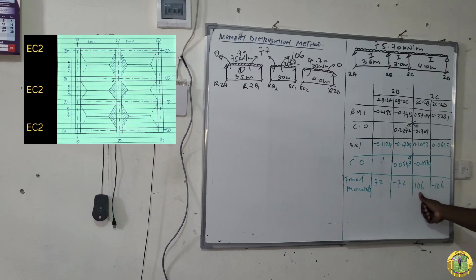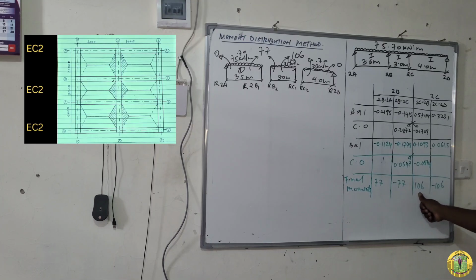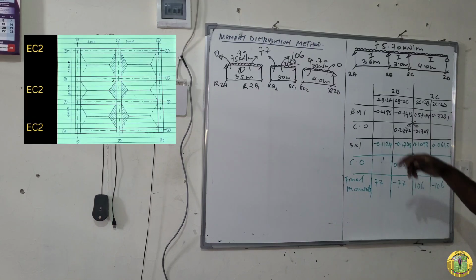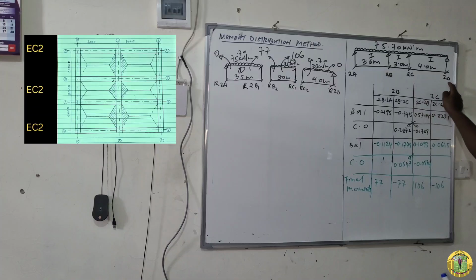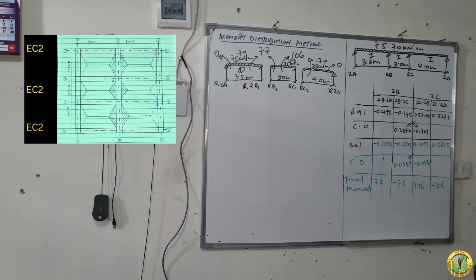Again, for joint 2C, we will have 106. It can be either positive or negative, depending on the direction of that moment. And for joint 2D and 2A, it will be 0. That one is equal to 0 because it is a simple support.